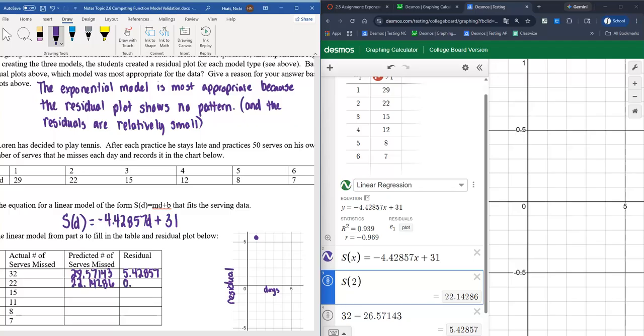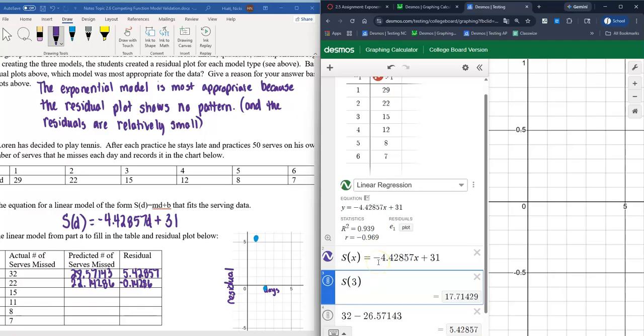I'll just get negative 0.14286. And so on day 2, I'm going to use a different color for my dots. Here's my first dot. Here's my second dot. It's going to be almost on the x-axis. Okay, here that makes sense.